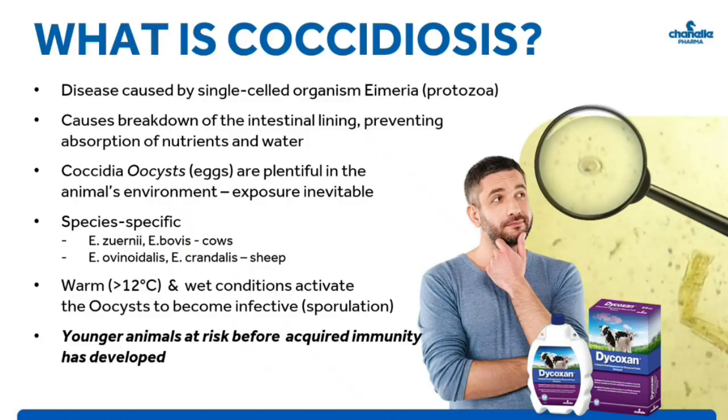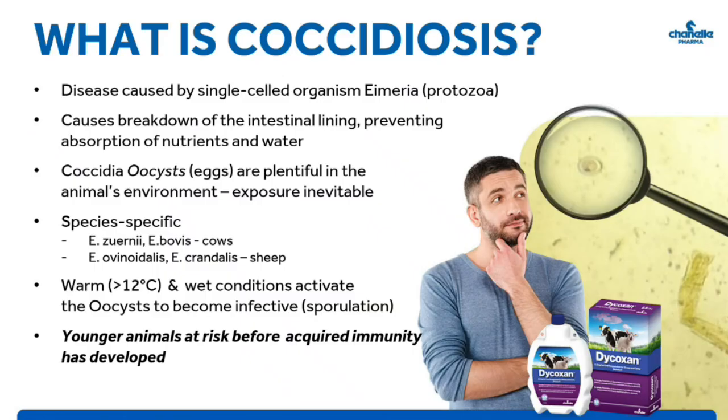Coccidiosis causes breakdown of the intestinal lining, preventing absorption of nutrients and water. The coccidia oocysts, which are essentially the eggs, are plentiful in the animal's environment. These oocysts essentially are everywhere and are very difficult to eradicate. They are also very resilient and can survive for well over a year on pastures or in housing environments.